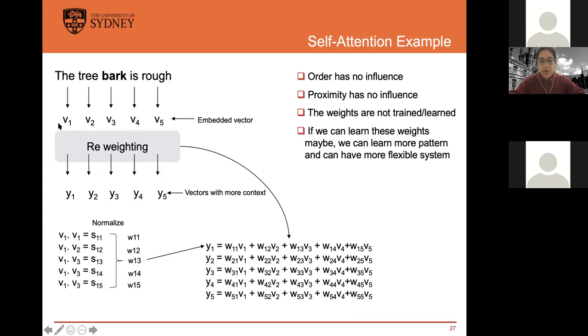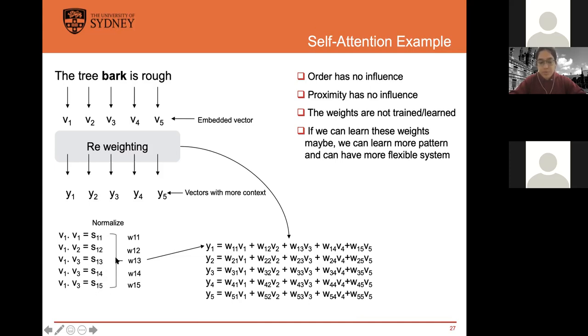This is for the first word only, so you get all these 5 scores. Now, if you do the dot product, you'll get a similarity measure, but it'll be numbers of different scales, right? So to convert it to a probability distribution, you need to normalize these scores.